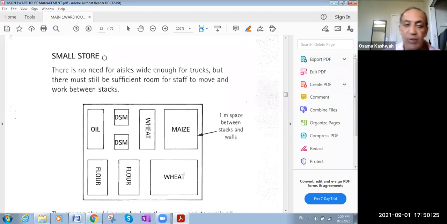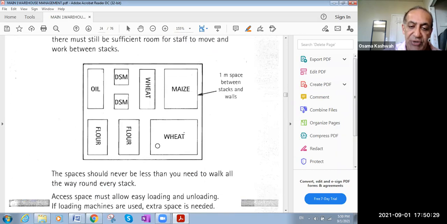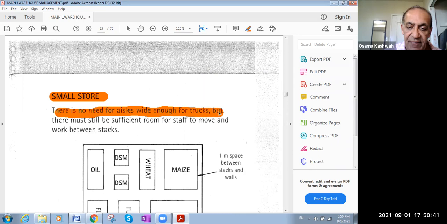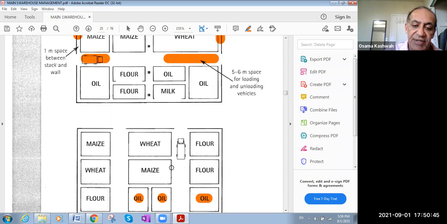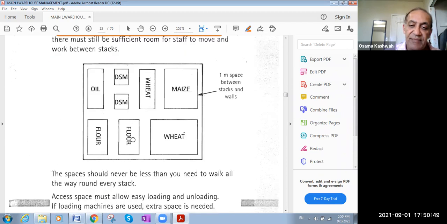How about the small stores? We were talking about the big stores. In small stores, as you see, there are no trucks inside, so there is no need for aisles wide enough for trucks. In the small ones, you just leave 1 meter of space between the stacks and the wall.